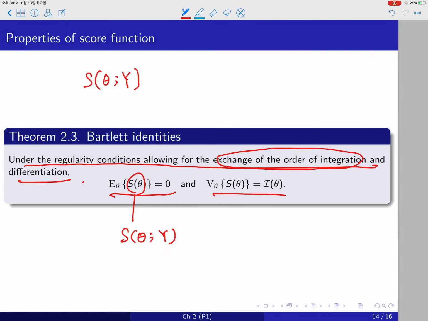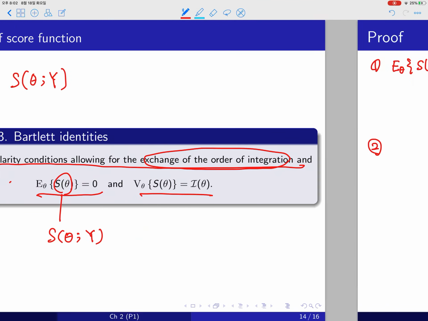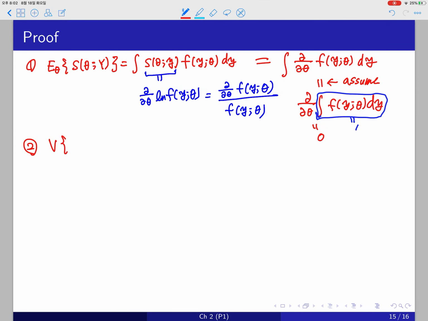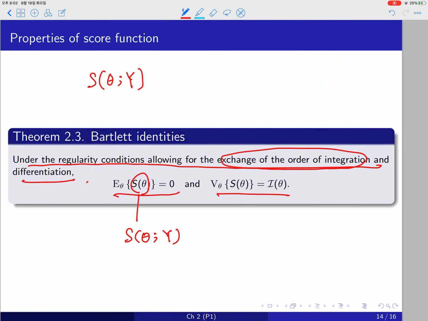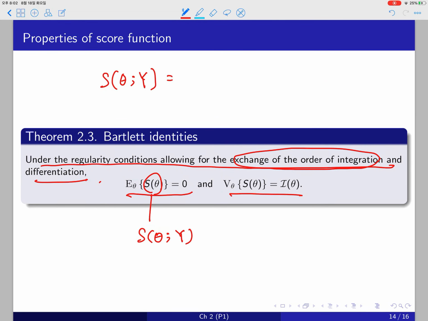The second part is this. So the variance of S theta, by the way, S is the differentiation with respect to theta, which is a vector, right? If theta is p-dimensional, this is a p-dimensional vector.